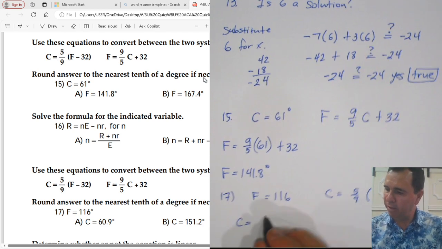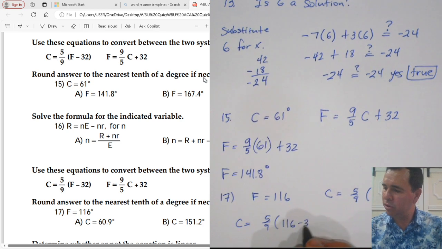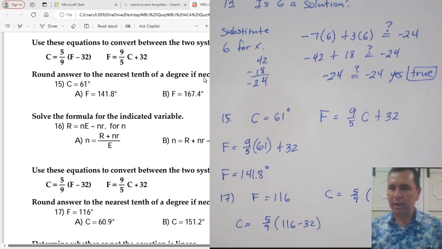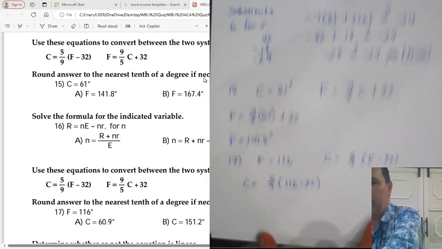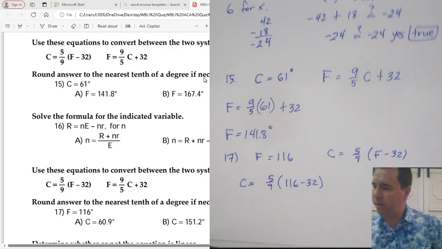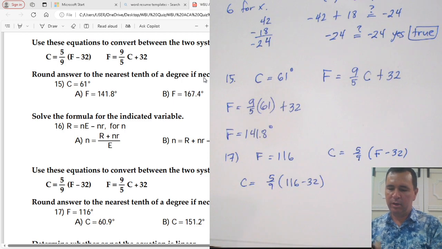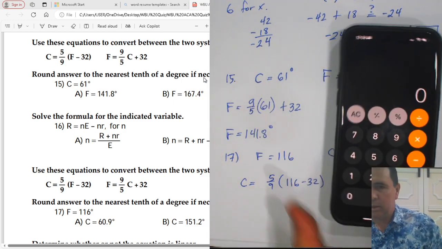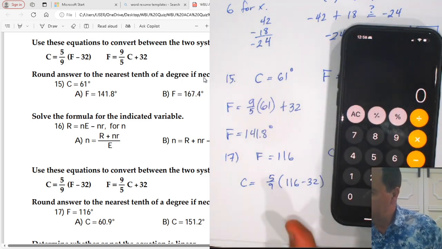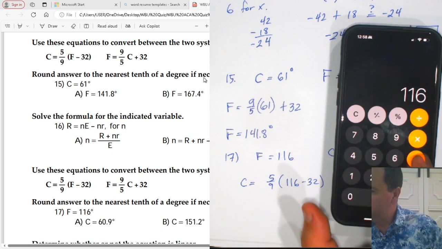So it's going to be 5/9 times 116 minus 32. Again, you want to take a calculator and do this. Let's go ahead and take the 116 minus 32.